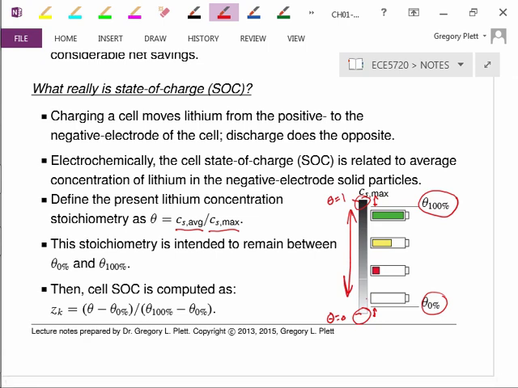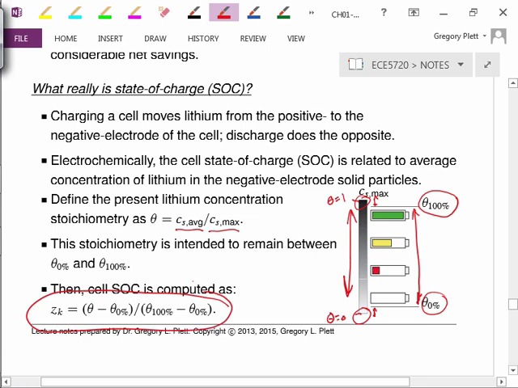And a cell state of charge is just where am I in this relative window. And so we compute it as z of k, k being a time subscript, is the present theta, probably I should call that theta k, minus theta 0% divided by theta 100% minus theta 0%.